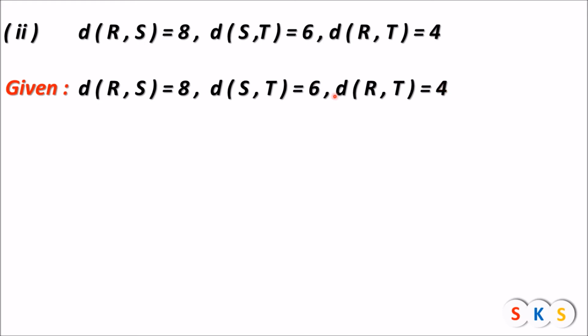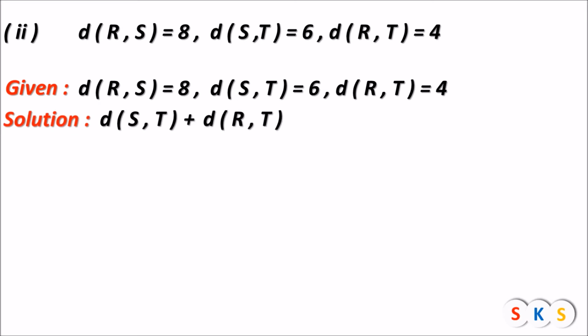Among these three distances, 6 and 4 are the smaller distances, right? So what we will do here, we'll add those two smaller distances. So distance ST plus distance RT equals 6 plus 4. Therefore distance ST plus distance RT equals 10.